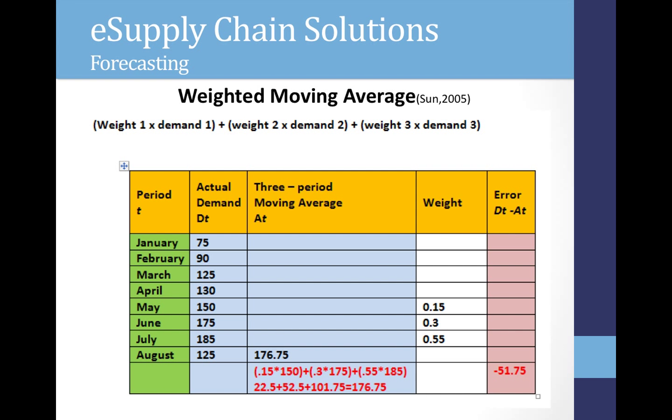For example, for the month of August, if we want to calculate the weighted moving average, we have to give the highest weight, which is 55%, to the month of July, and add all of them, and we're going to have 176.75, which is the forecast for the month of August. If we deduct it from the actual demand, which is 125, we're going to have an error of minus 51.75, which shows the bias coming out from this method. It's lesser than the previous method.